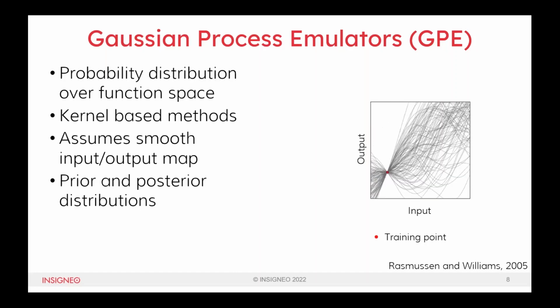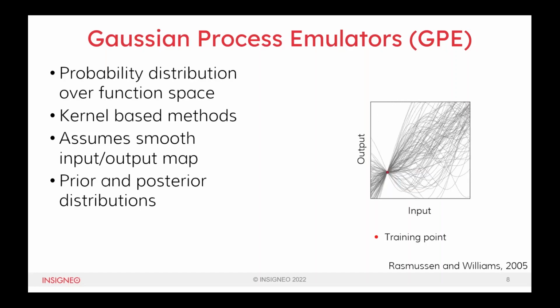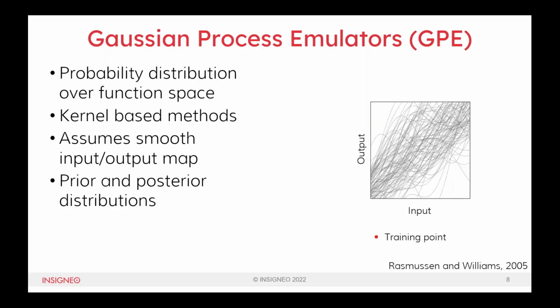And the GPE is able to rank them by assigning a probability distribution. And this probability distribution is also refined as more and more observations of the system are performed by feeding the emulator with the training dataset.